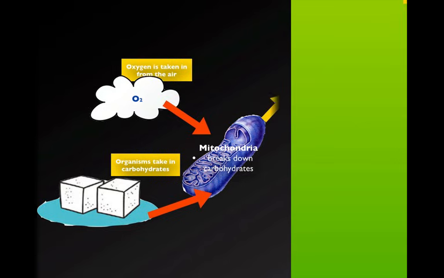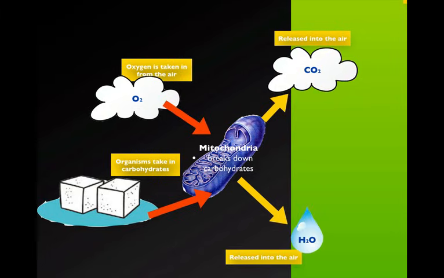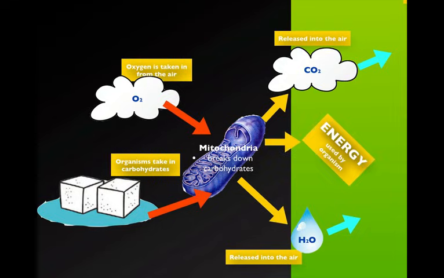And when it does that, it releases carbon dioxide into the air and also water vapor. So when we breathe, if you breathe up against some glass, you'll actually see, like you'll fog up the mirror or whatever, and that's because there's water in our breath. Okay, so those two things are released into the air, and energy is released into the cell, and it's used by the organism.